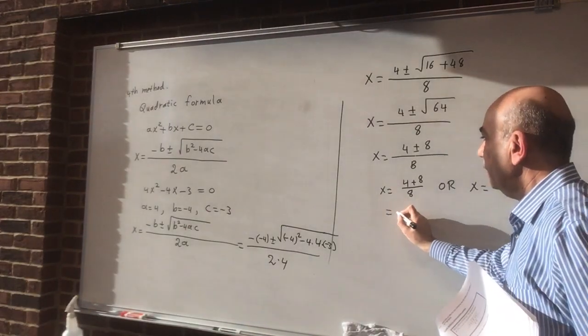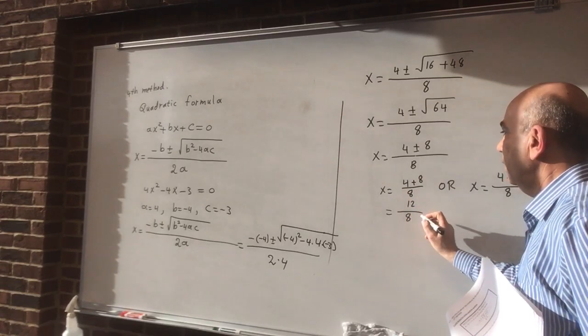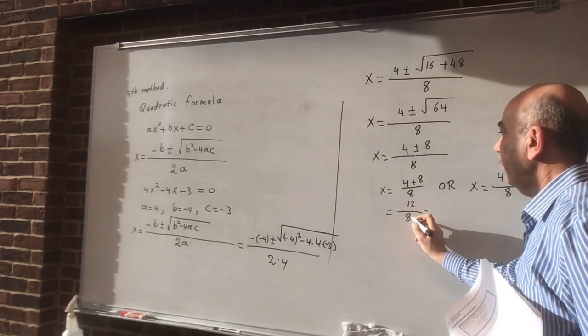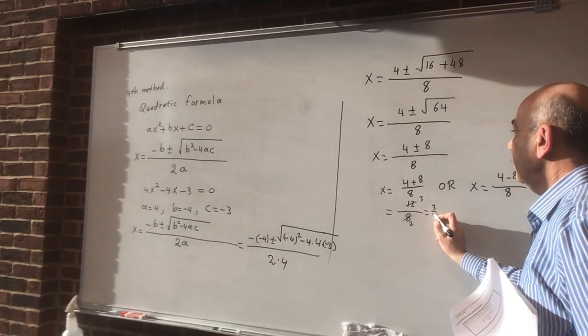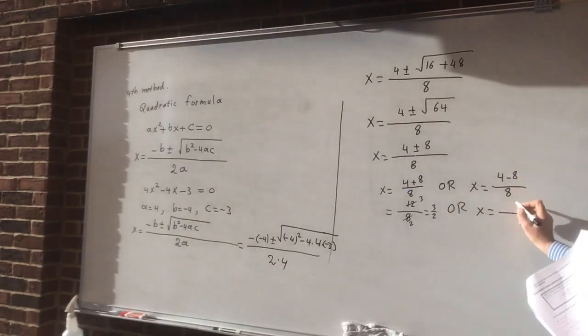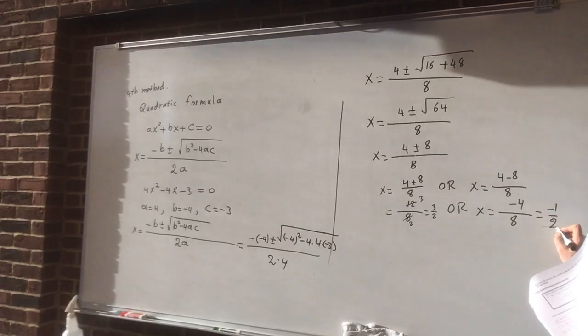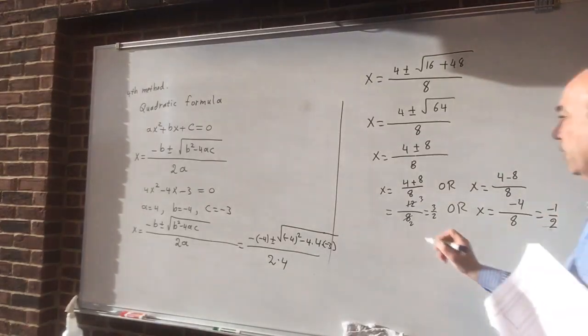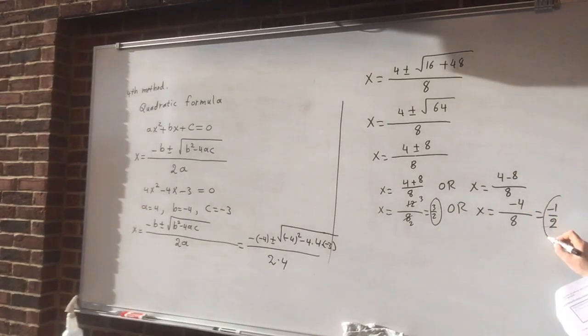Here 4 plus 8 is 12 over 8, which divided by 4 is 3/2. Or x equals 4 minus 8, which is negative 4 over 8, and this is equal to negative 1/2. So the answer is x equals 3/2 or negative 1/2.